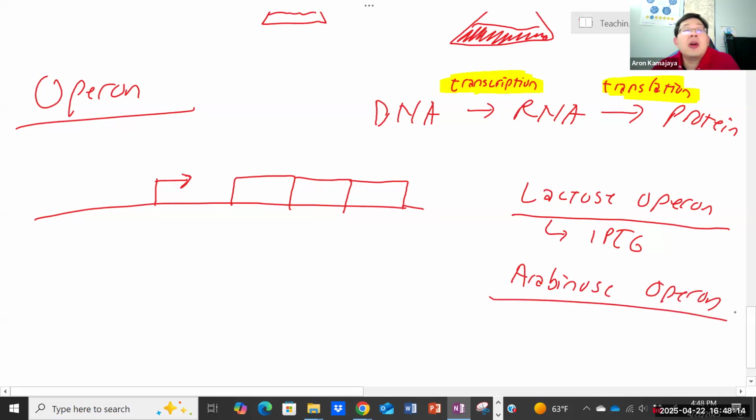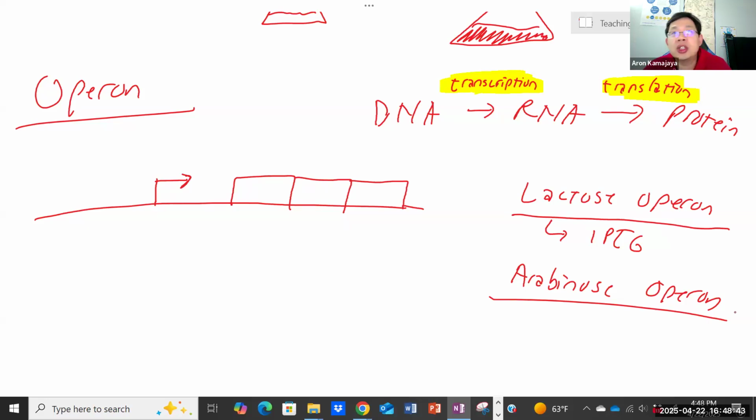Now, the arabinose operon is the one that's relevant to our project with red fluorescent protein. As you can see, a lot of these operons tend to have a name of some biomolecule like lactose or arabinose.